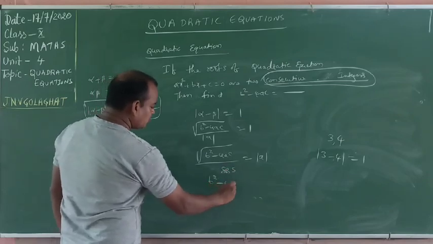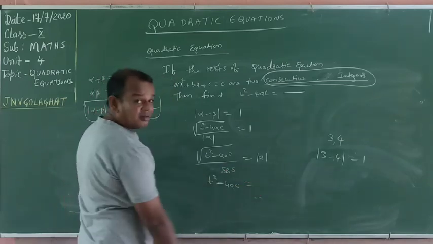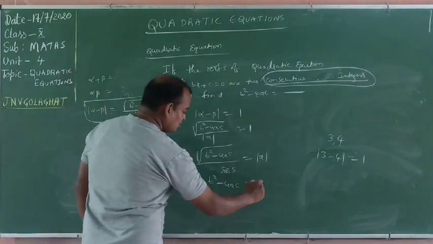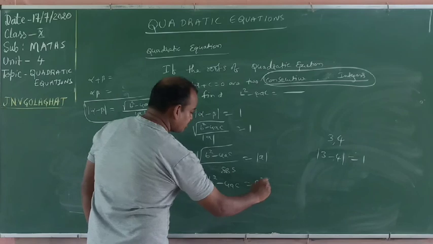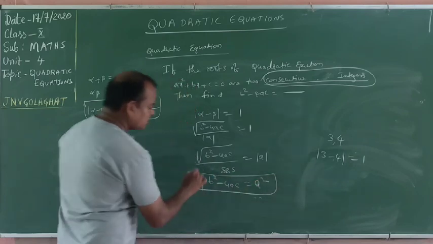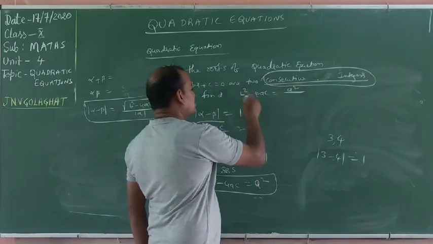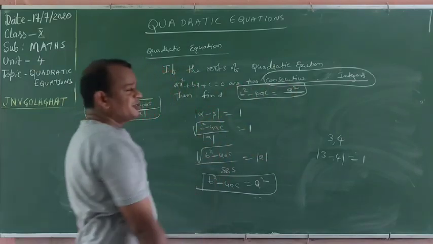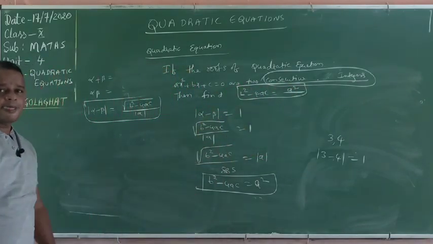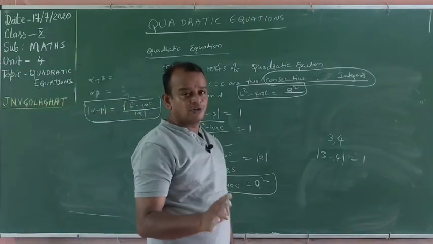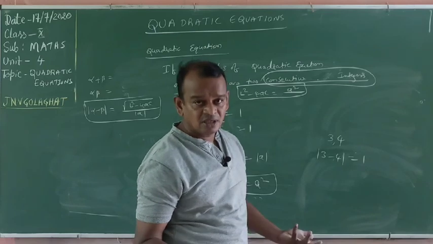Now b square minus 4ac is equal to a square. Now what is the value of this one? b square minus 4ac is equal to how much? This is the a square. Remember the formula: b square minus 4ac is equal to a square. The quadratic equation having two consecutive roots, then b square minus 4ac is equal to dash. That equals how much? a square.